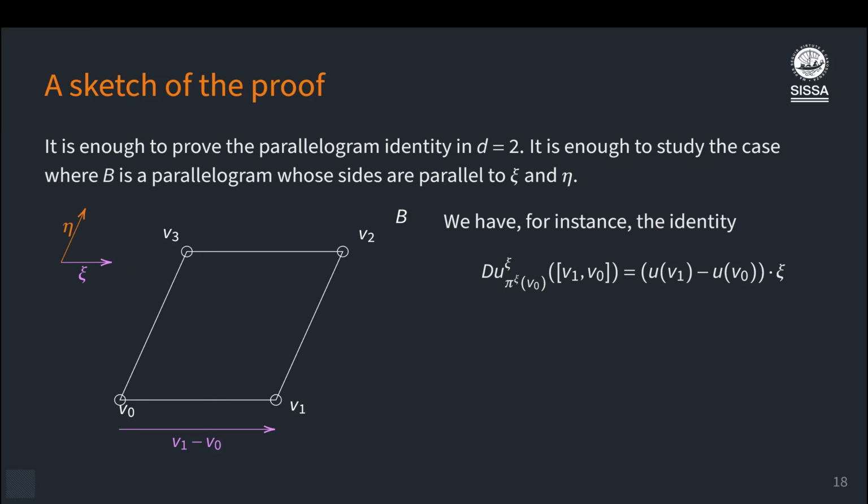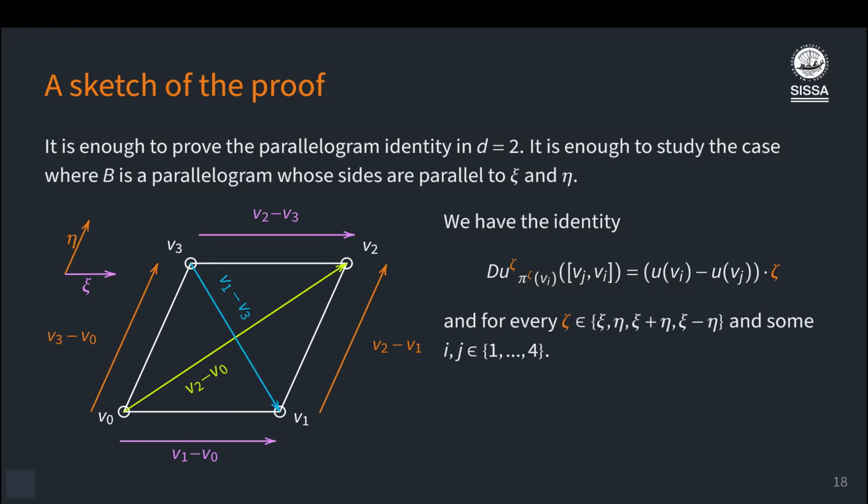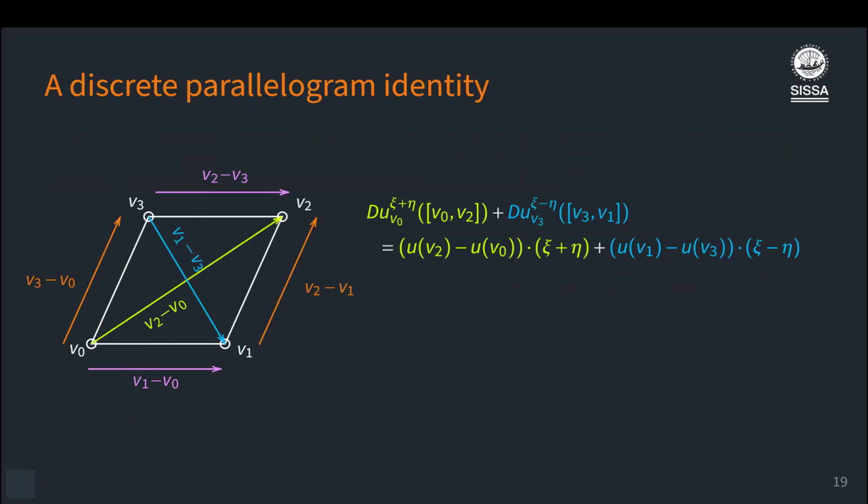So I have a way of transforming the integrands that I have in my sigma xi into differences of values. Of course, I can do it for all the other directions and for the diagonals. And using this fact, I may hope to prove a sort of discrete parallelogram identity. I want to check that psi plus zeta and psi minus zeta relate with 2 times psi and 2 times zeta. So I start from this, I use the fundamental theorem of calculus, and I obtain the sum of these two differences.